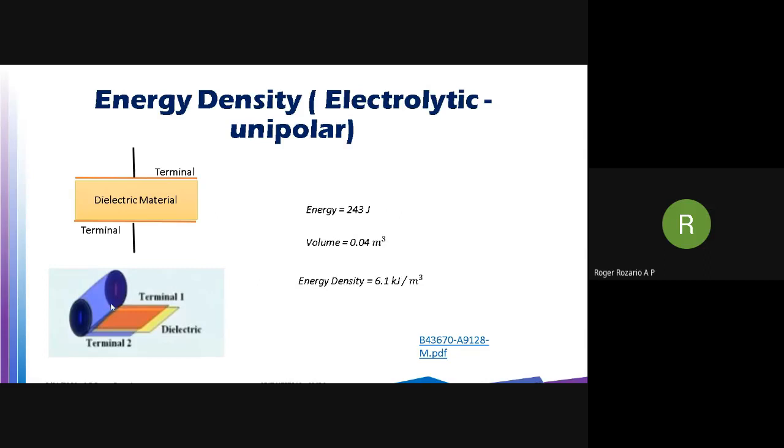And this is the packaging of the capacitor. If you look at the diagram at bottom left, this is how the capacitor is packaged.